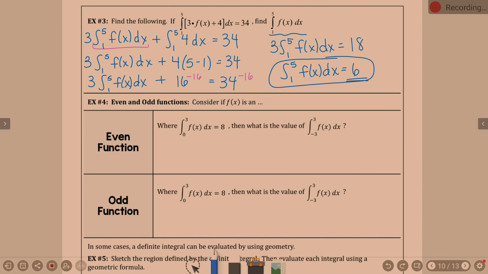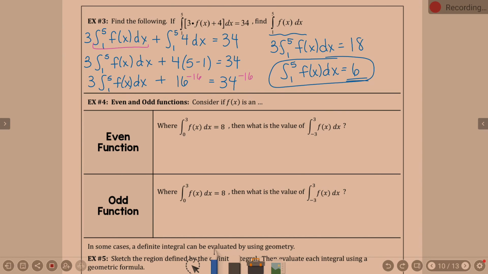This next part talks about even and odd. Do you guys remember your definitions of even and odd? Could it be divided by 2? No. Not even and odd numbers, even and odd functions.